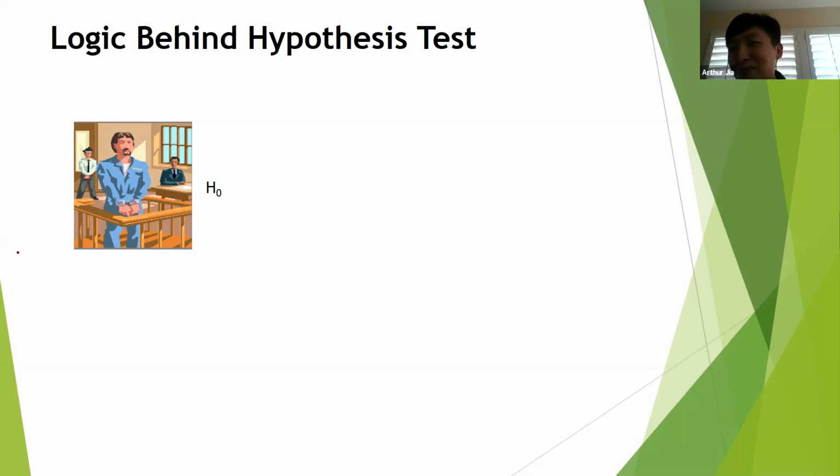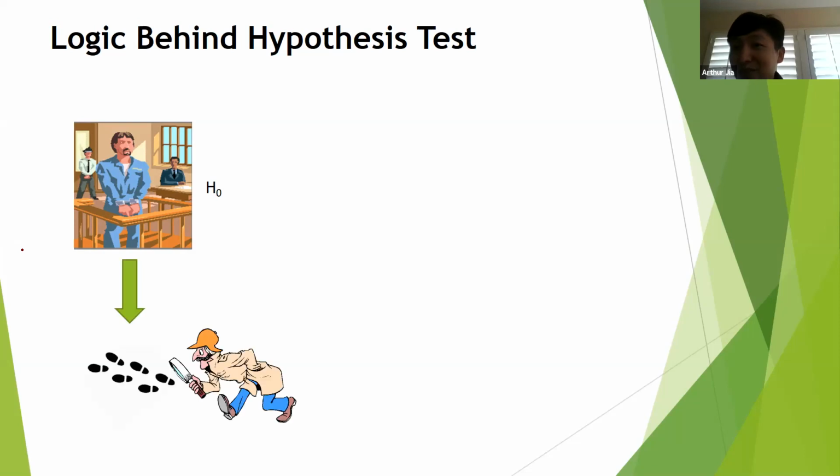That's the null hypothesis. The alternative hypothesis is that this guy is not innocent, it's guilty. We want to test the null hypothesis, that he's innocent, and we put this hypothesis on trial. Based on this hypothesis, we collect data, we do experiments, just like we did, right?